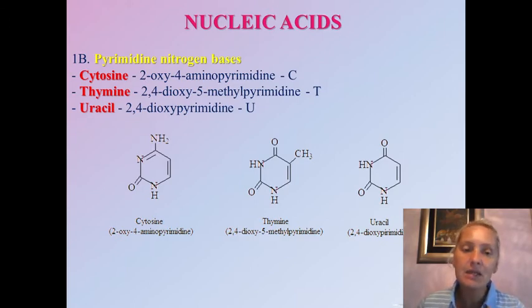Then thymine, 2,4-dioxy-5-methylpyrimidine, so we see the situation where a methyl group can be attached to the heterocyclic ring, in this case the pyrimidine ring. And we have the form of it minus the methyl group, uracil, which is 2,4-dioxypyrimidine, marked with a capital letter U.